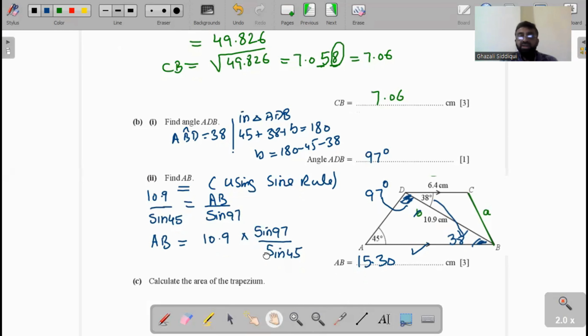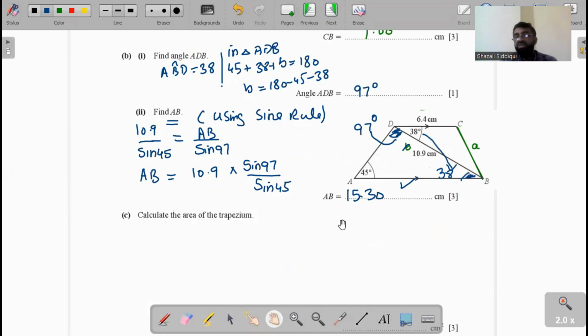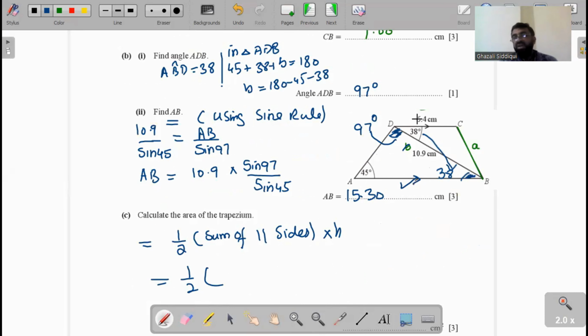Now the next part, C, calculate the area of trapezium. You know the formula of area of trapezium is equal to 1 over 2 times the sum of parallel sides multiply height. AB length is parallel to BC length. Now the sum of parallel sides is 6.4, that is BC, and AB is here 15.3.